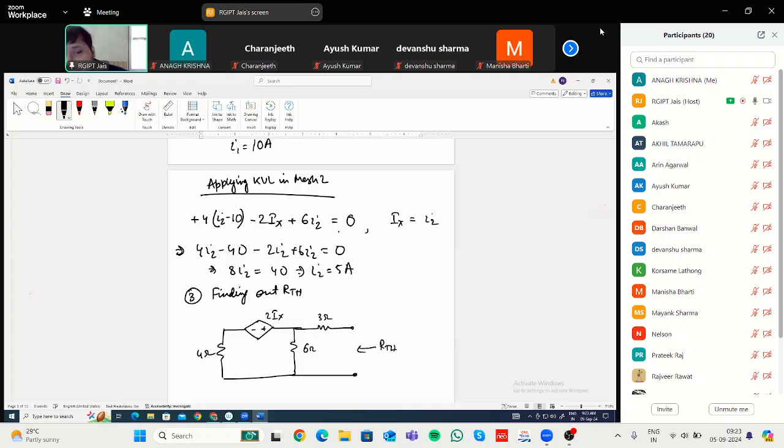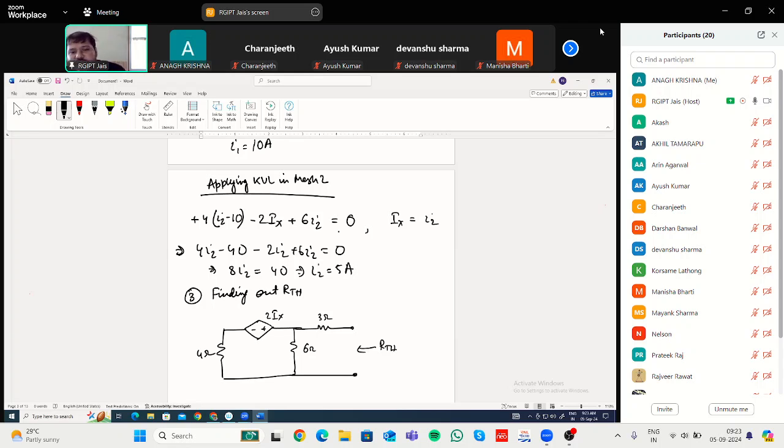Now the problem here is there is a dependent source. The dependent source is dependent on some amount of current, but that current is not there because you have removed the current source or whatever source it is. If you have removed the active source, that is whichever is supplying the power, then there will be no current flowing.